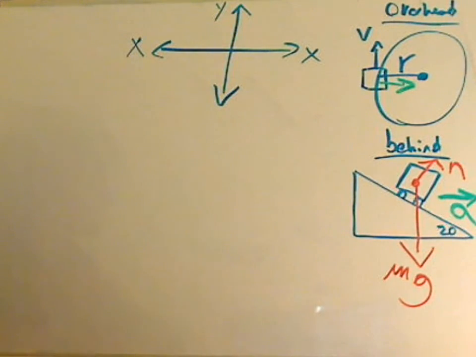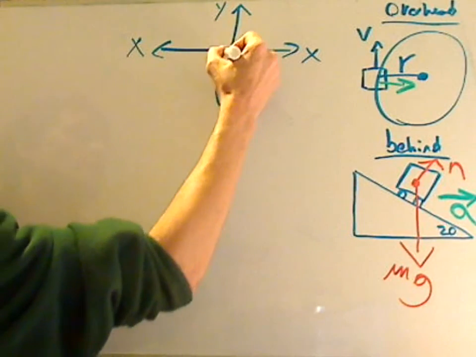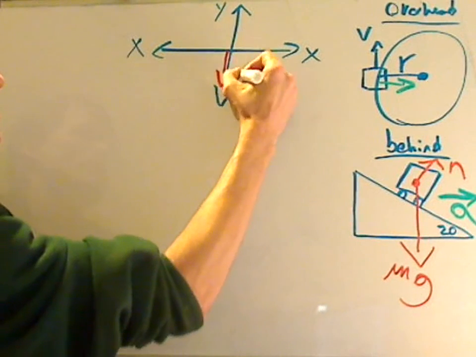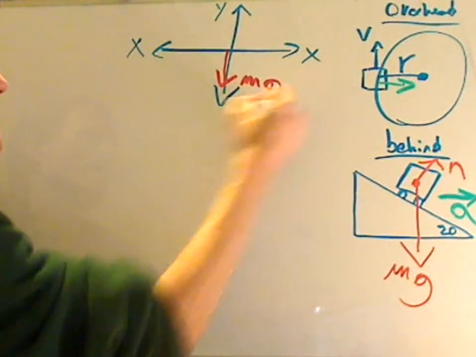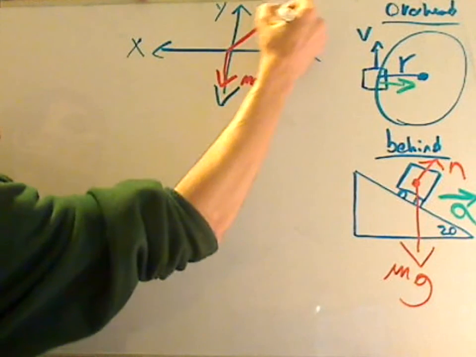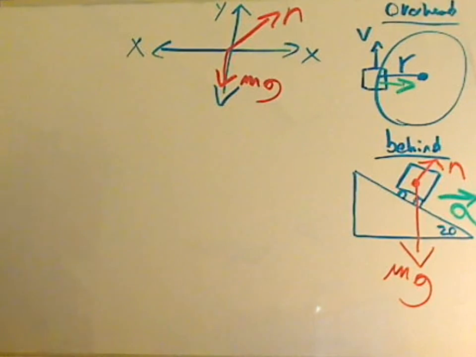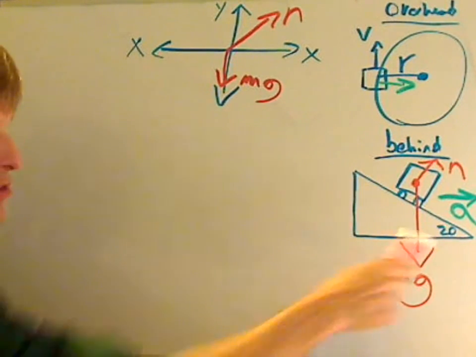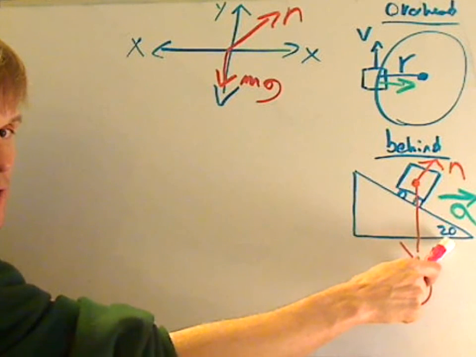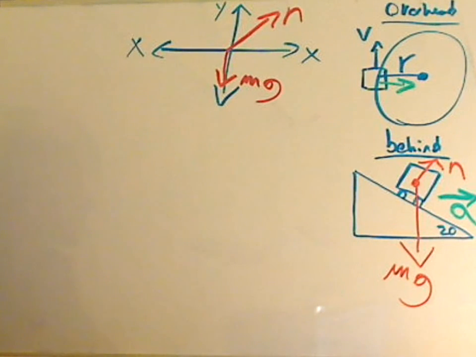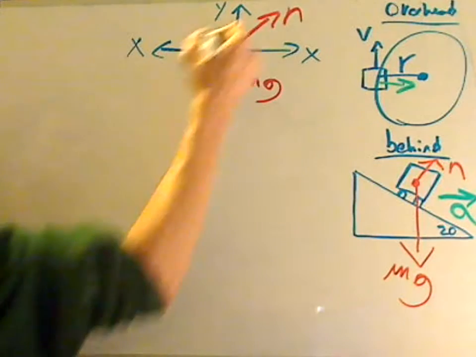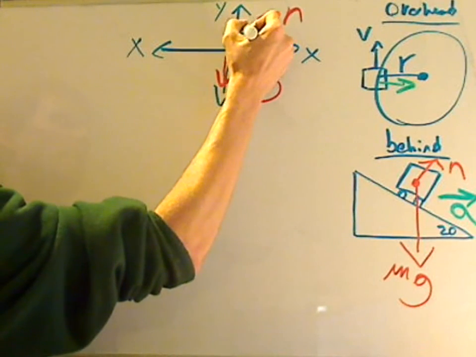Okay? So let's put these forces on the free body diagram here. So we have gravity pulling down with a force of mg. The normal force pushes back up at some angle. And if this is a 20-degree angle here, then the normal force makes a 20-degree angle with the y-axis. So go ahead and think about that one for a little bit.